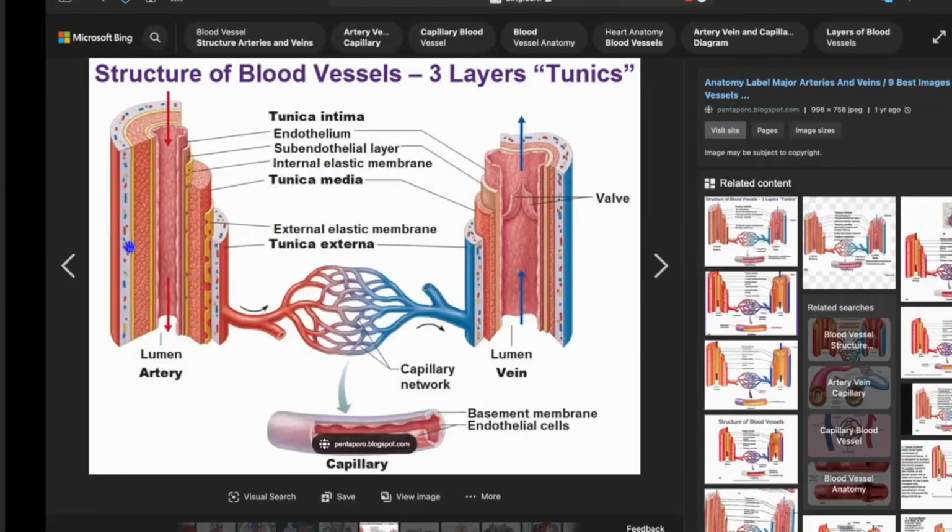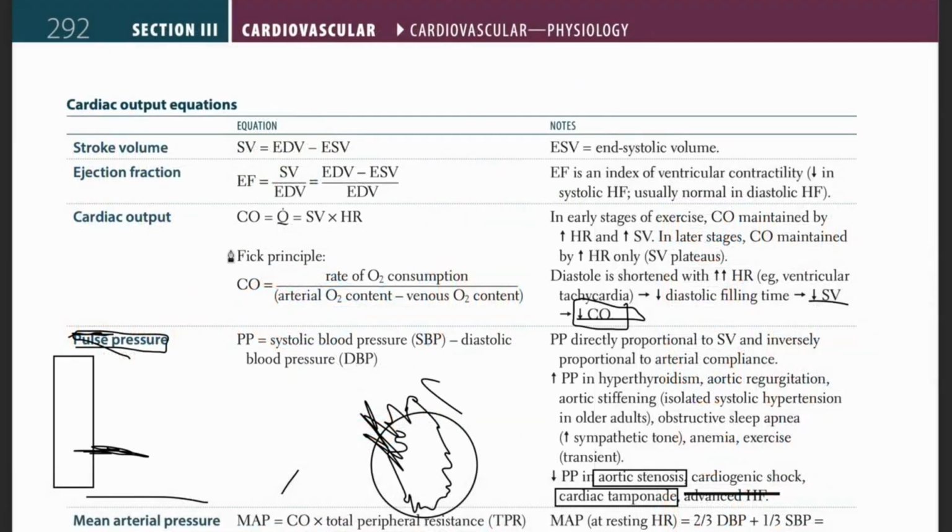Okay, we'll come back after the break. So they will give you a question by telling you that the venous oxygen content is, say, 5%, and then the arterial oxygen content is like 98% or something, right? Then you have to figure out what this number is, and they'll give you the rate of oxygen consumption. They'll give you all these three things, and then they'll ask you what is the cardiac output.